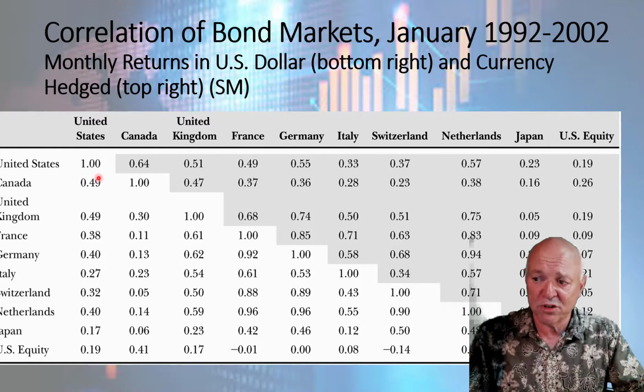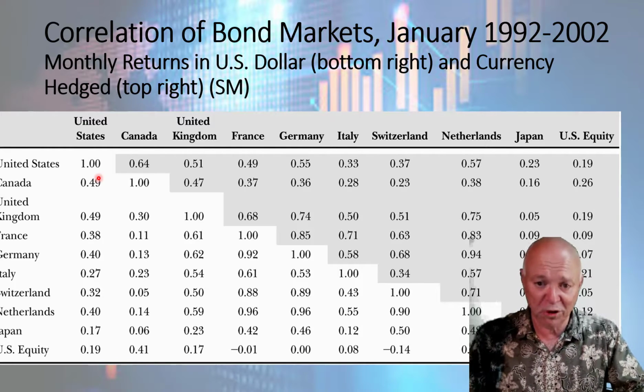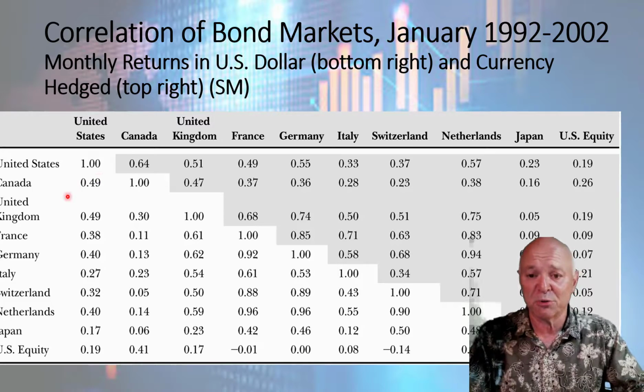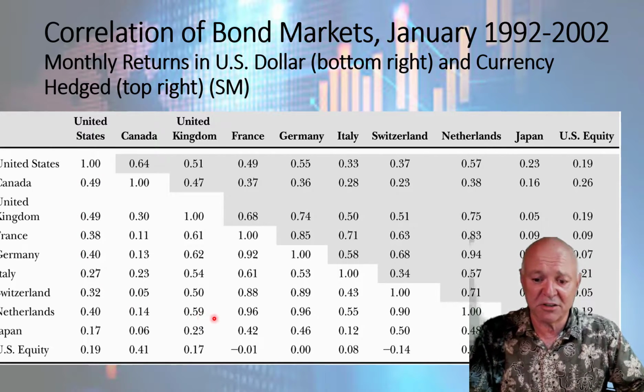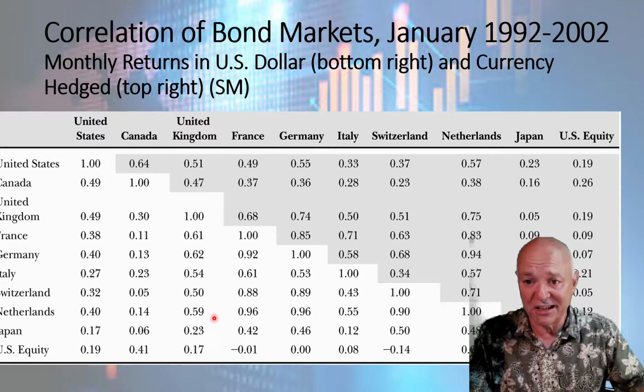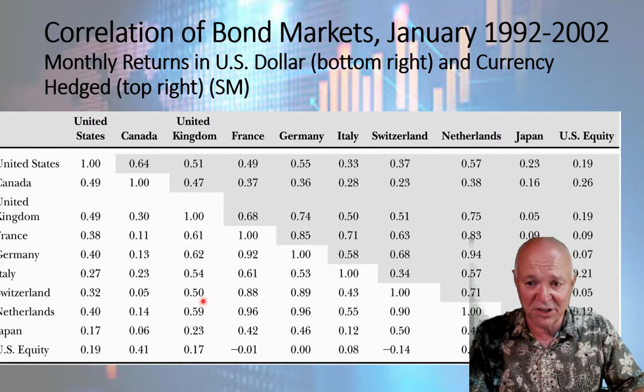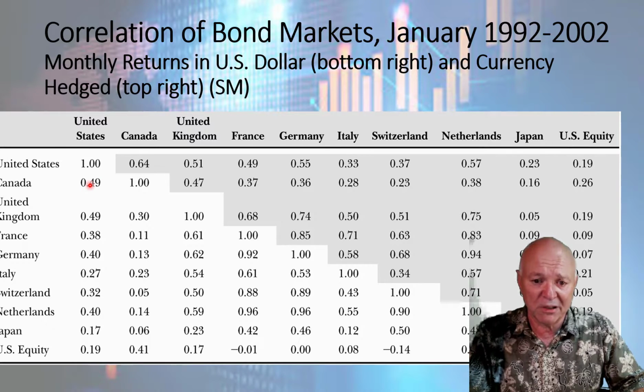And ignoring, of course, the far right column and the bottom row, where we talk about equities, we can see that there are substantial gains from investing in different bond markets, not just investing in the United States. So it would make sense, for example, if most of your investment was already in Canada, to look for a market with relatively low correlation to the Canadian market, unhedged, perhaps looking at France or Switzerland or Japan.